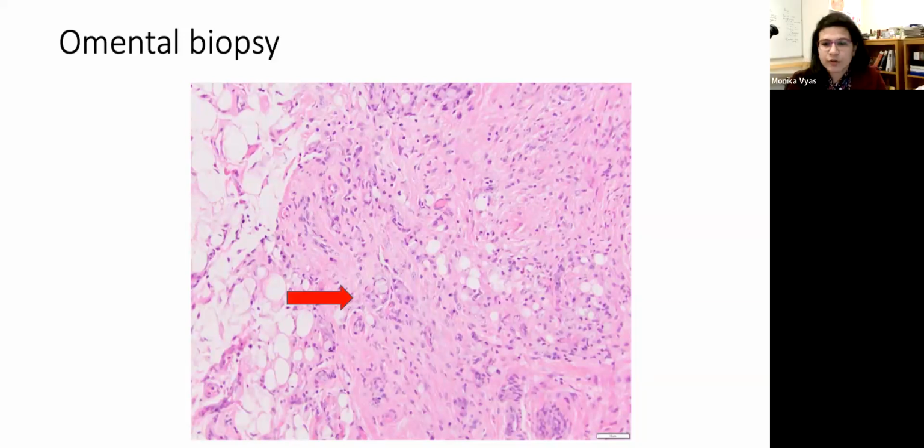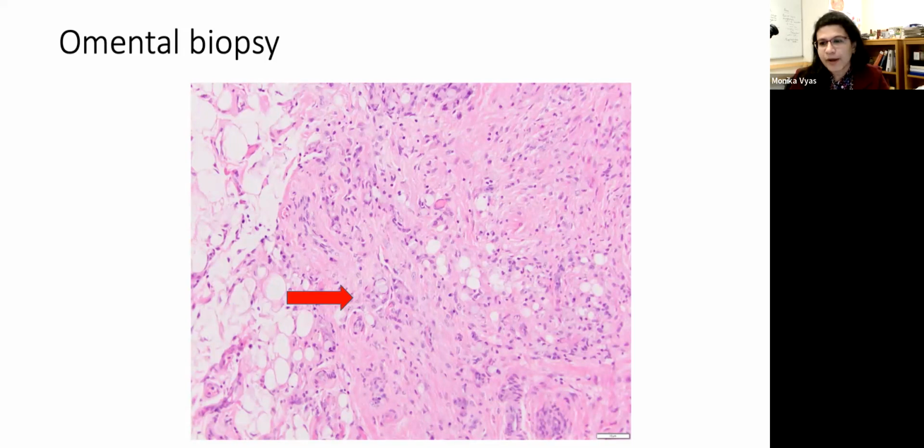So this patient also had an omental biopsy, and similar to the cell block, we can see here close to the arrow some cells which contain mucin vacuoles and a very peripherally placed, compressed nucleus. So these are signet ring cells, and the specimen is composed predominantly of fibroadipose tissue with these scattered signet ring cells in fibrous stroma.